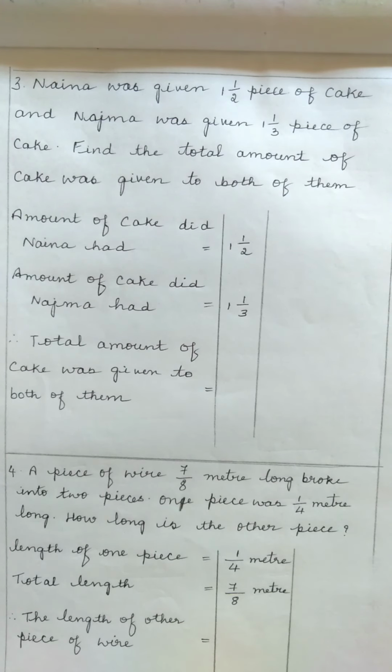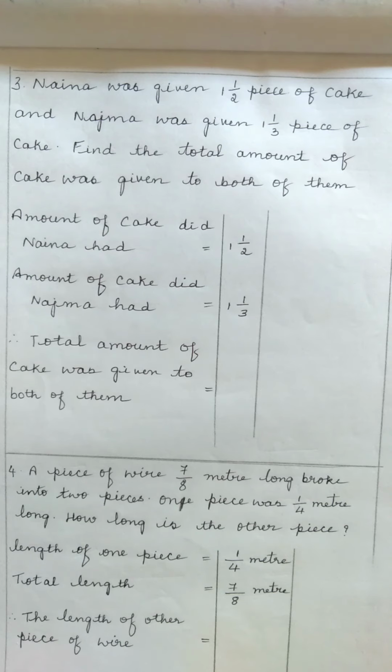Take the third problem. Naina was given 1 1/2 piece of cake. So amount of cake Naina had will be equal to 1 1/2 or 1.5. And Najma was given 1 1/3 piece of cake. Therefore, the amount of cake Najma had will be equal to 1 1/3.